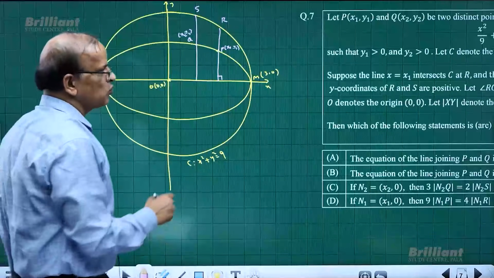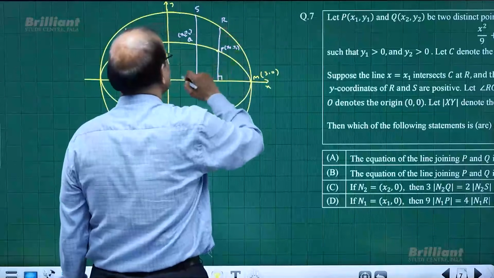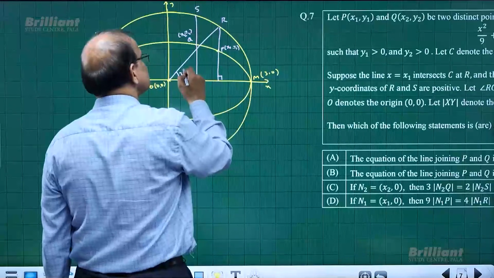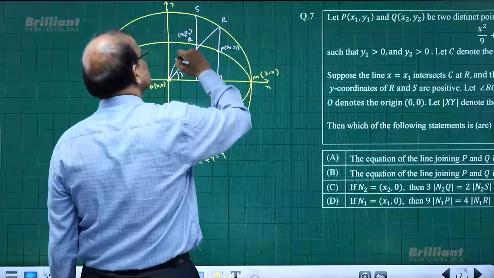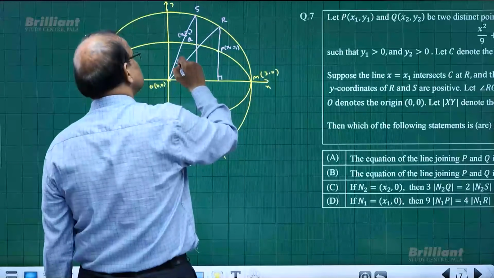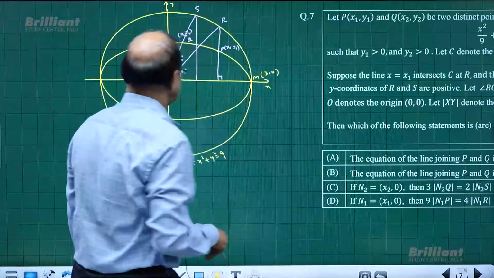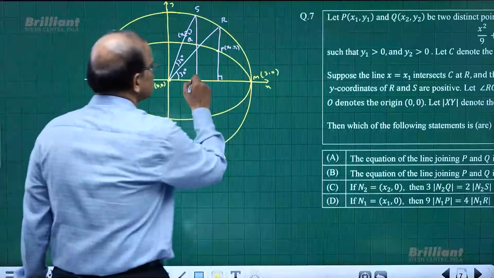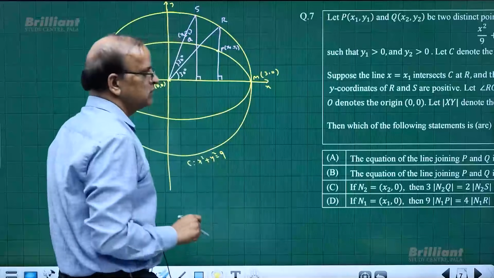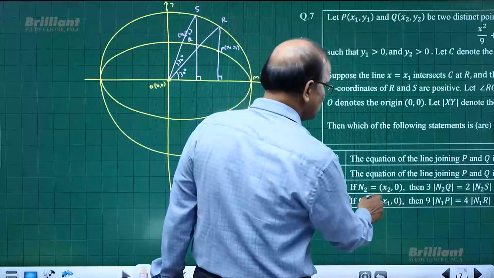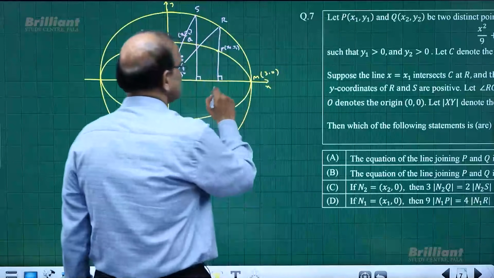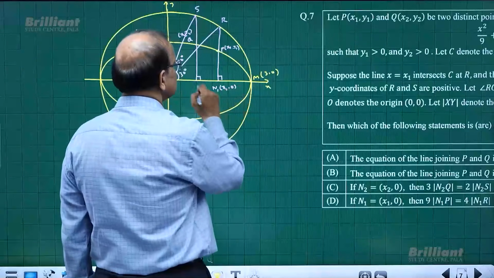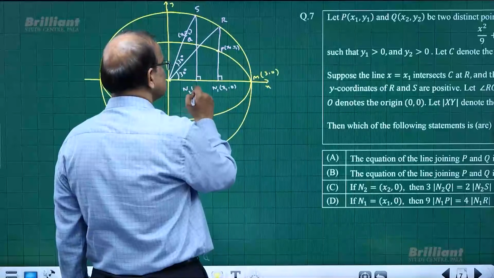Now, angle ROM is 30 degrees, angle SOM is 60 degrees, so OR is the angle bisector. Now, these are the points N1 (x1, 0) and N2 (x2, 0).